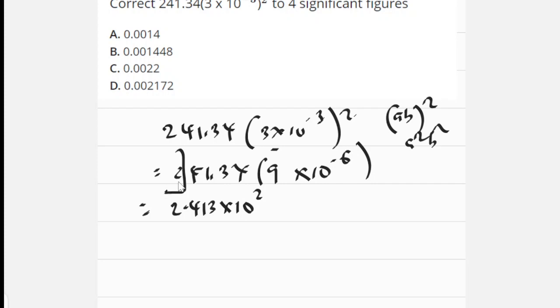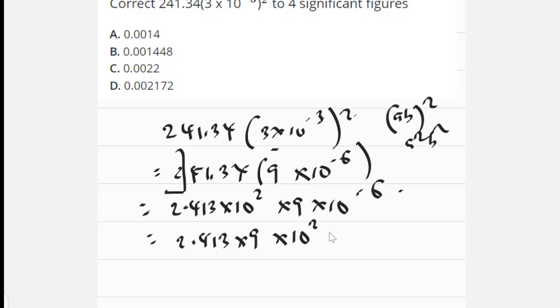You take the first digit, you count the number of digits after it before the decimal, that is 2. Then multiply by 9 times 10 raised to the power minus 6. You collect the like terms, 2.4134 times 9 times 10 squared times 10 raised to the power minus 6. So what is 2.4134 times 9?